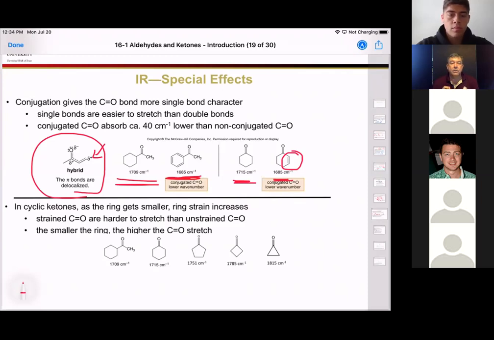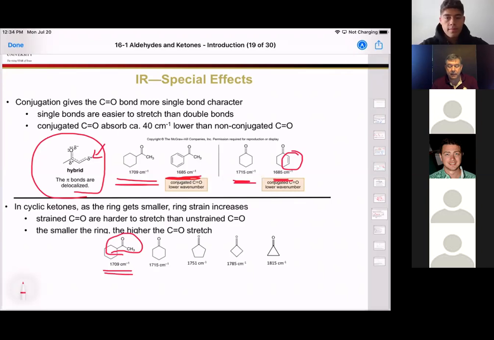Okay. So in the case of if the carbonyl is actually in a ring, that means that there's a little bit of ring strain in there, and so we'll actually see a difference from it being in a straight chain versus being in a ring. So for example, this would count as a straight chain ketone because the ketone itself is not in a ring. And so it has a peak right around 1700 wave numbers here.